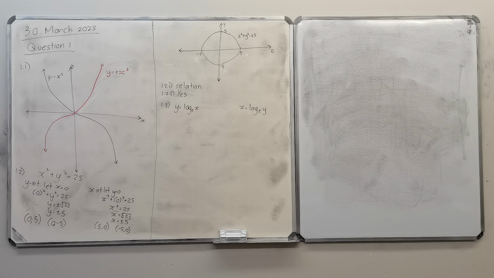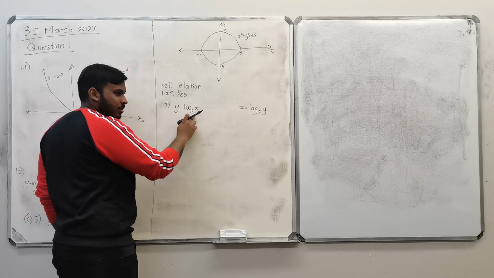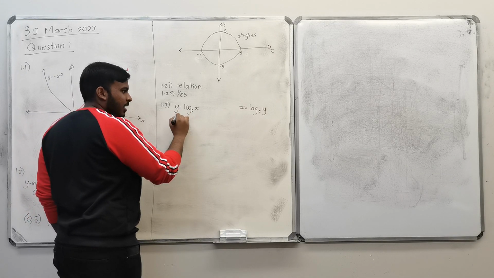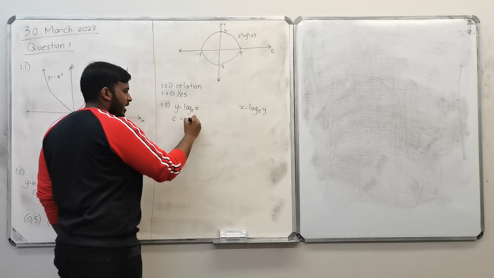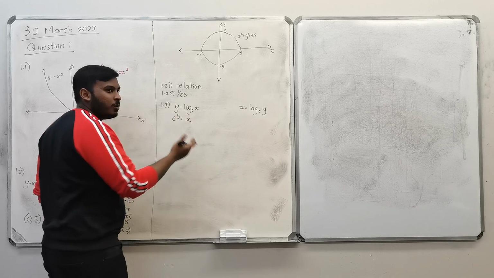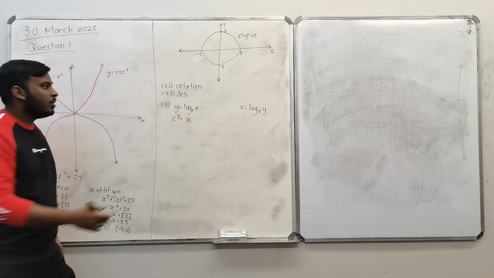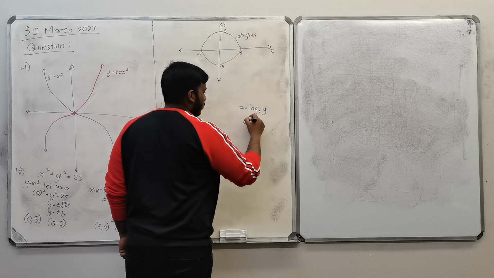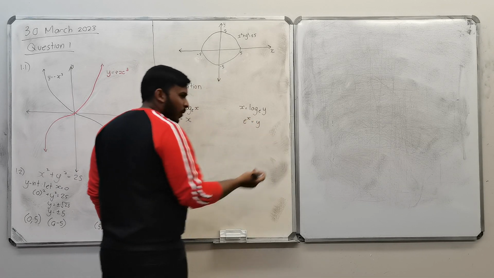Right? The first thing we need to do is convert that logarithm to exponential form. Remember what I told you: log base, answer is equal to the index. If you look at this, your base is e, the answer is x, and the index for the base will be y. So on this end here, it's going to be e to the x is equal to y.